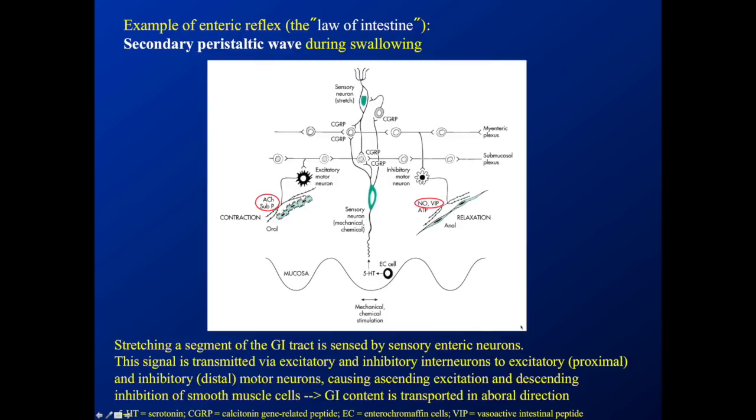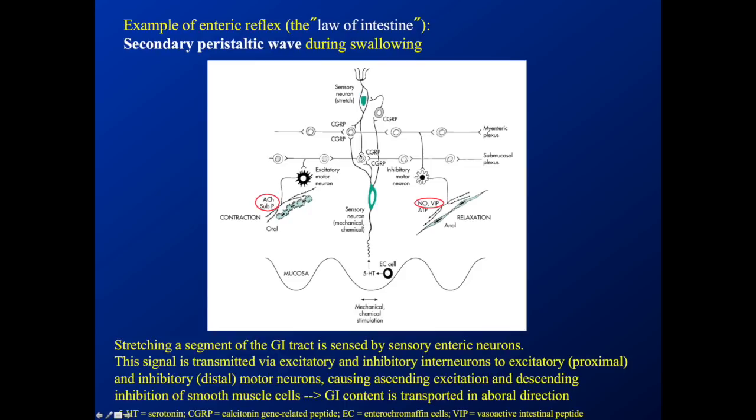So if you have food left in the esophagus, enterochromaffin cells, whether through chemical or mechanical stimulation, will release serotonin into the organ, and this will be picked up by sensory neurons, and these then will release neurotransmitters.